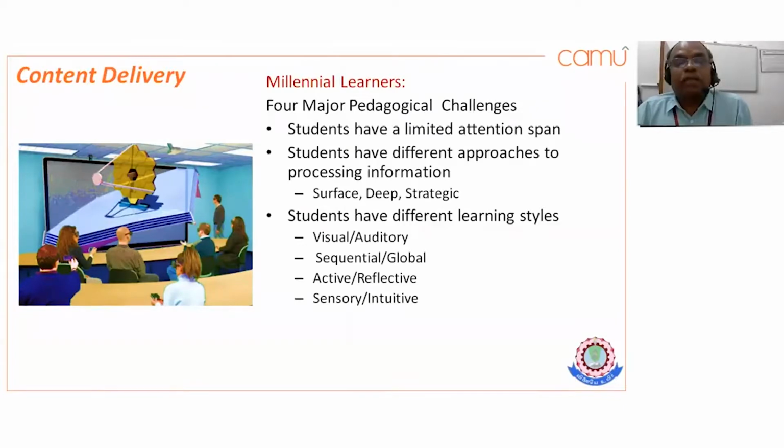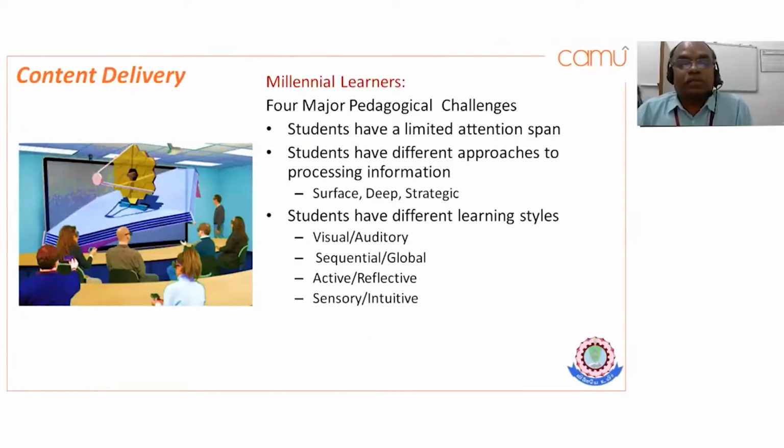For example, if a student is a global learner in nature, until he or she gets a big picture or a system level view of that particular subject or course, they will not be able to cope with our classroom activities. Sequential learners can adapt to our classroom teaching very easily.